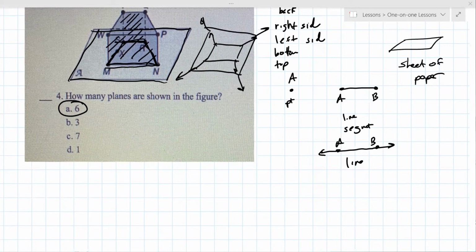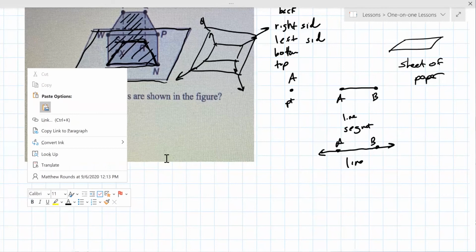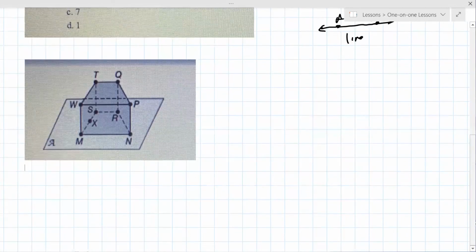Now the next question. So let me snip in. It's now asking for collinear points. Let me paste, and then let's get a little more room here. Let me grab the actual question. Do a new snip. Okay, so it says name 3 collinear points.